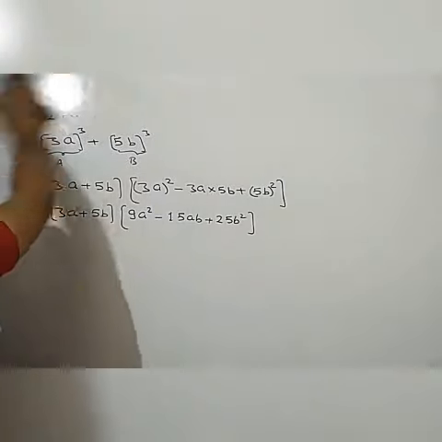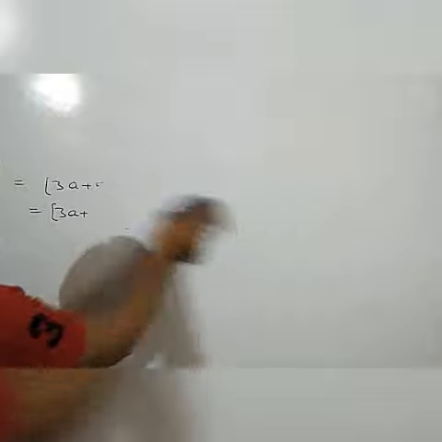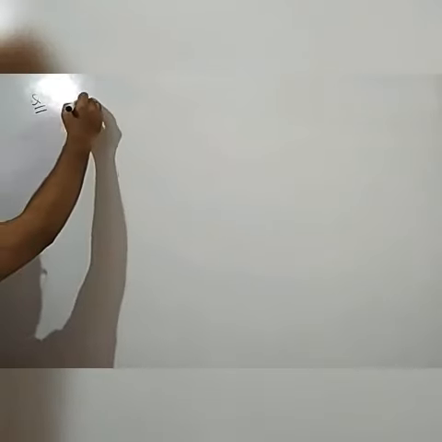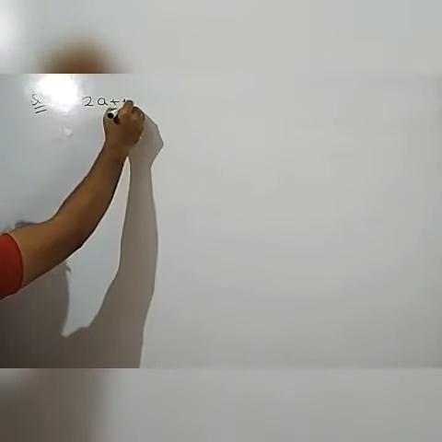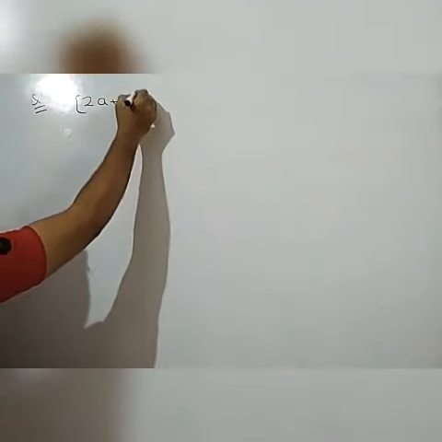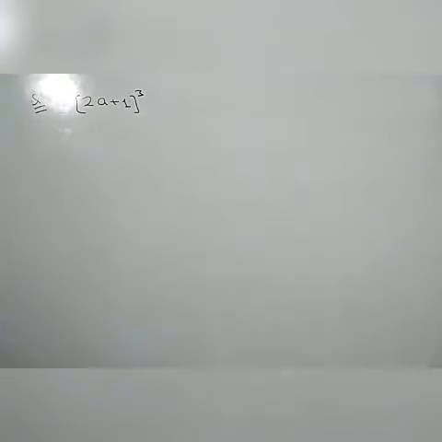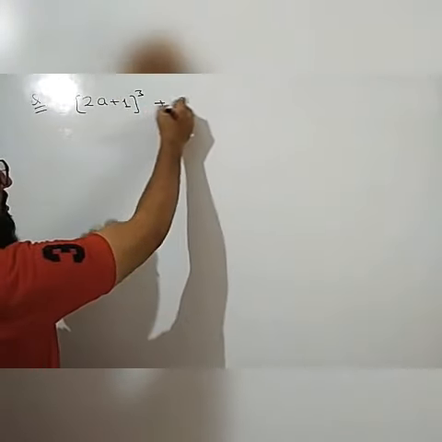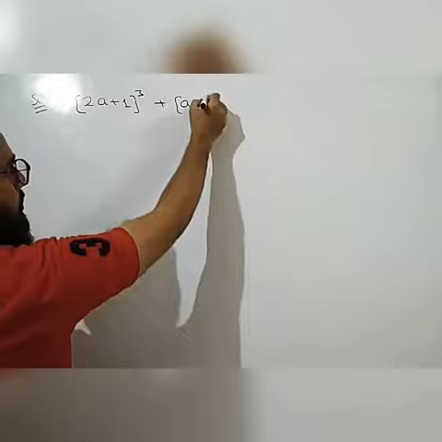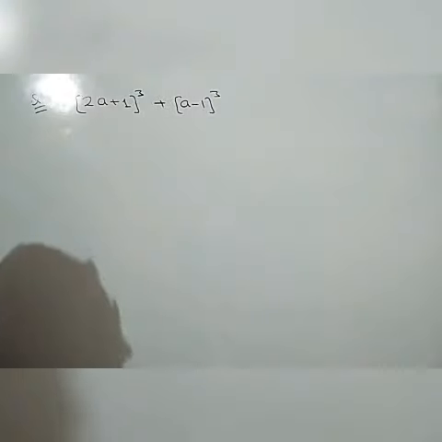So coming to the next question. The question is 2a plus 1 whole cube plus a minus 1 whole cube.